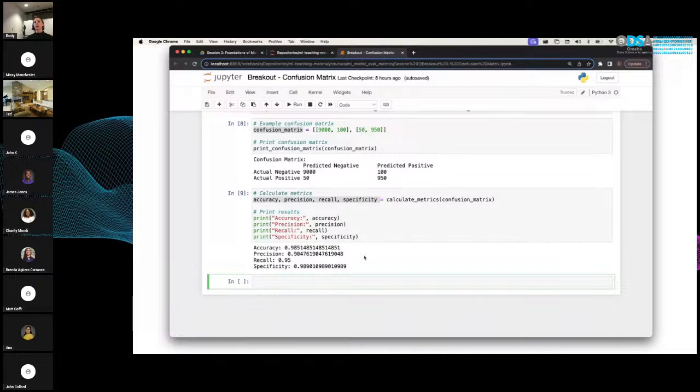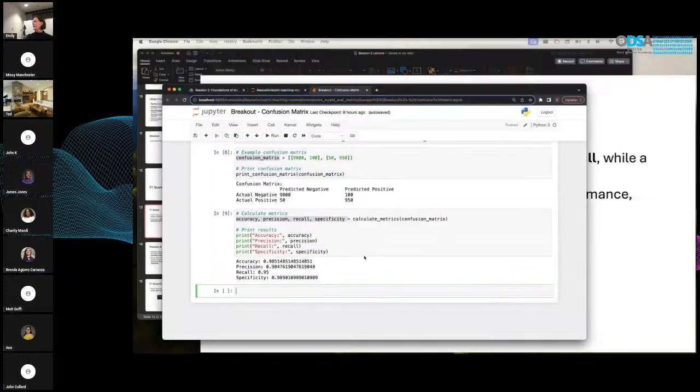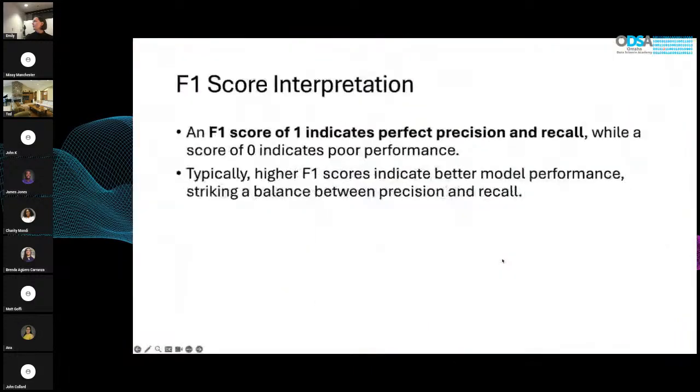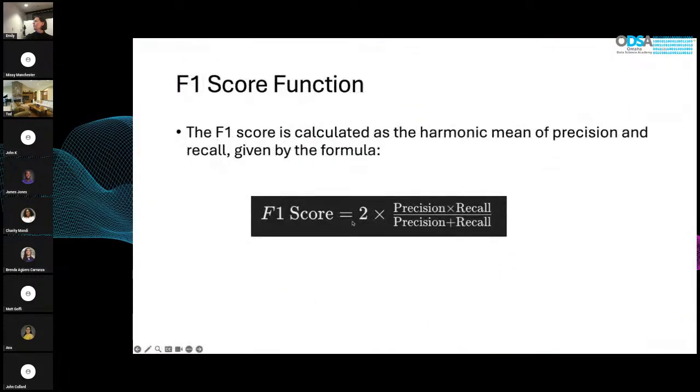The highest you can get in the fraction piece is 0.5. And then on the outside, we multiply by 2. So it can get to 100%.